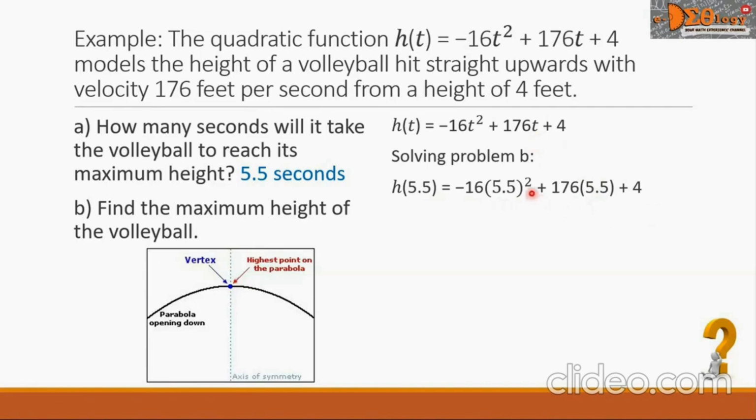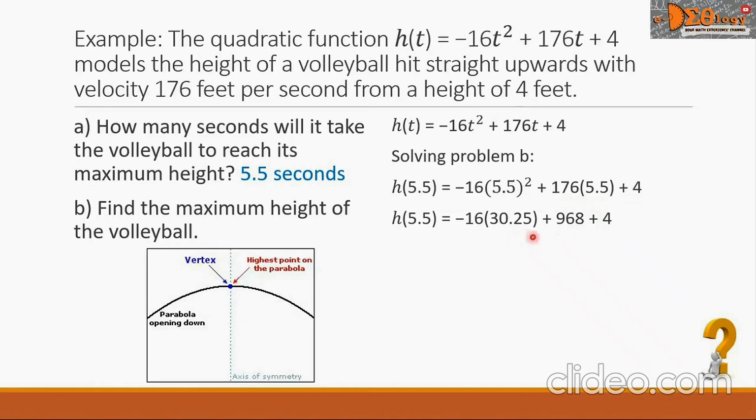Simplifying further, the square of 5.5 we will simplify into 30.25. And then plus, we get the product of 176 and 5.5, and that is equal to 968. We simply copy the constant plus 4.